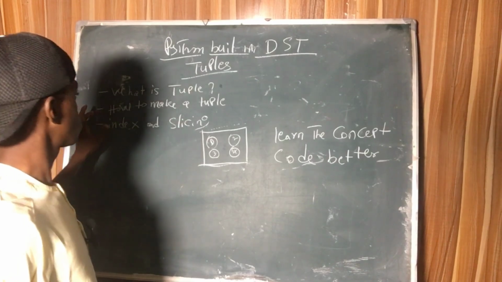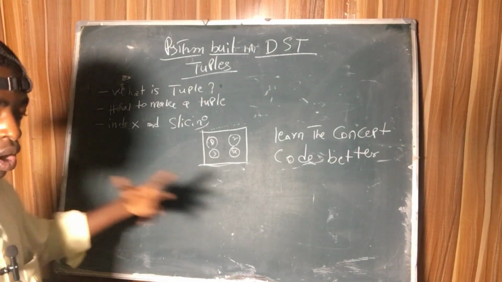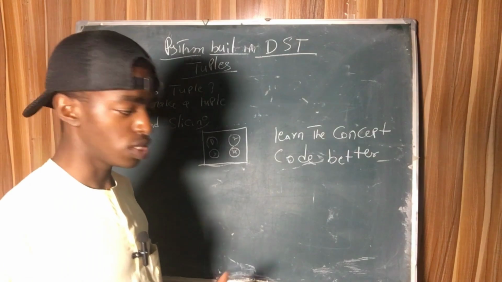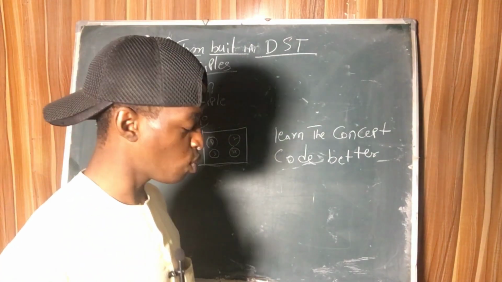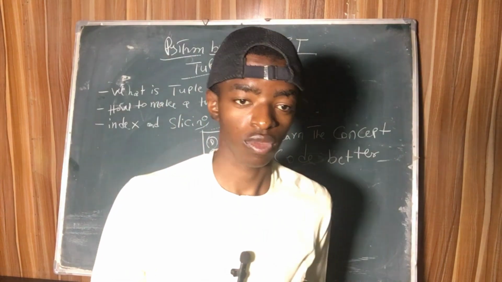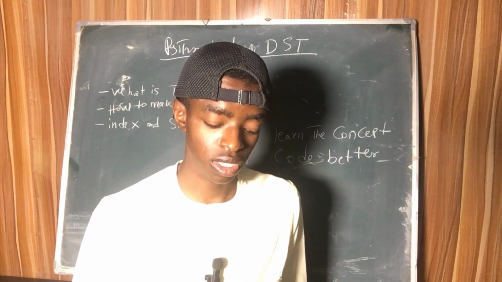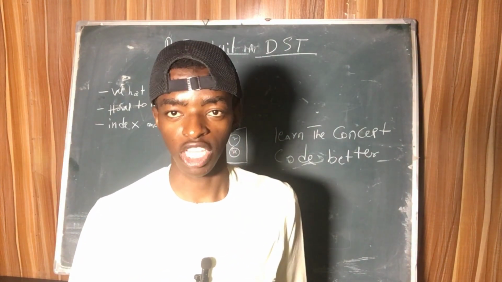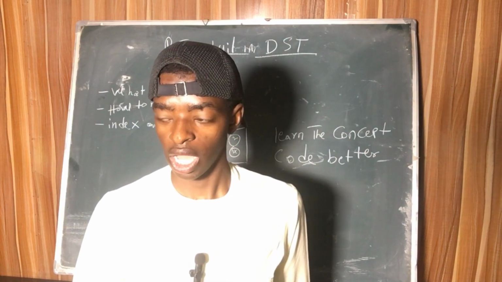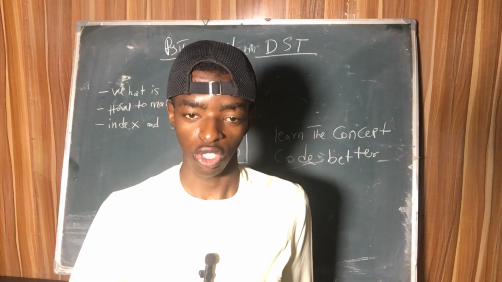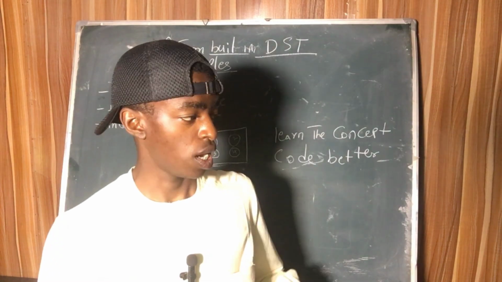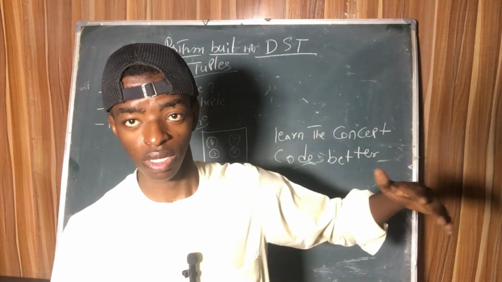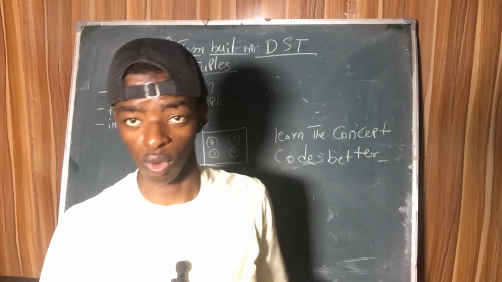So how are we going to create a tuple inside your program, and store your data inside? Maybe you might ask, why do I need a tuple? When you come to using a database, tuples are very important, especially when you are creating an object and you don't want anyone to change what you store inside that object, because maybe it's going to break something at the root of your code.